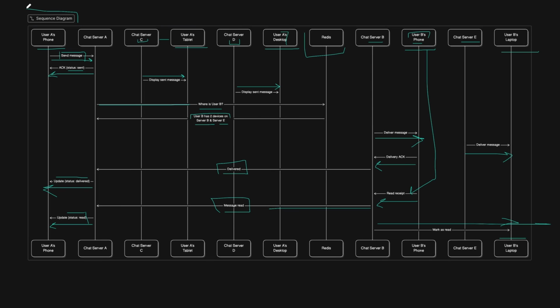First of all, we need to apply optimization here. For example, this can be incremental sync, because sending the entire message history to a new device is expensive. Let's say we are syncing with this chat server B and the user's phone, and also the user's laptop with chat server E. We don't need to send the whole history to the device.